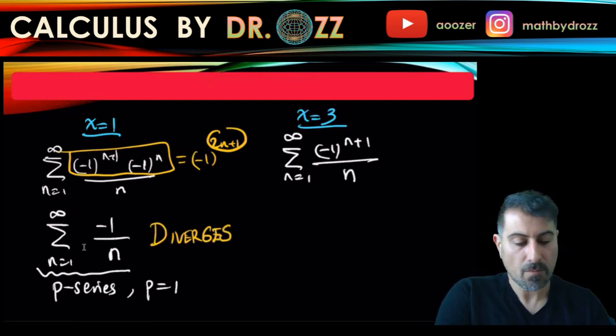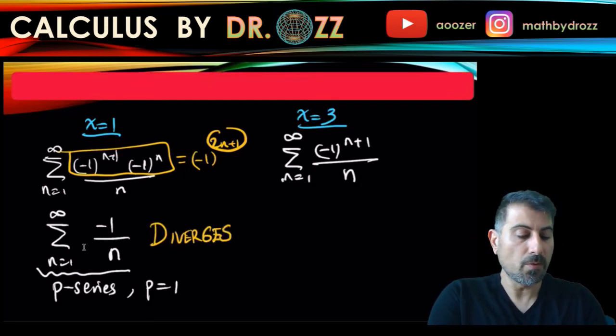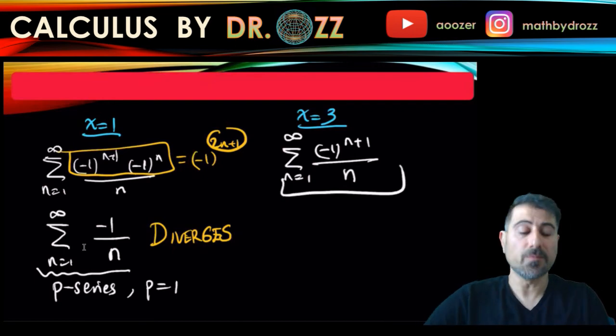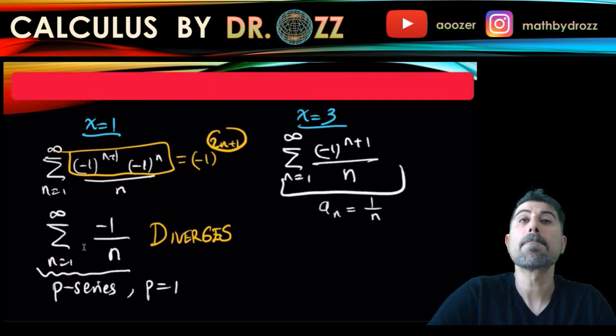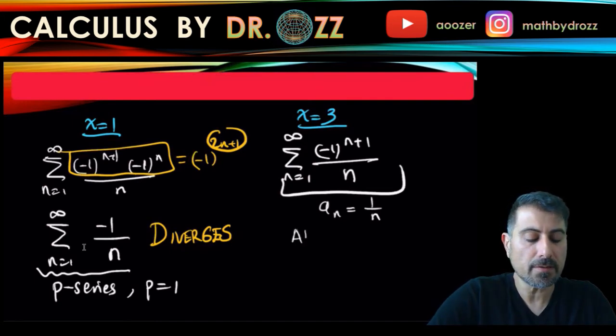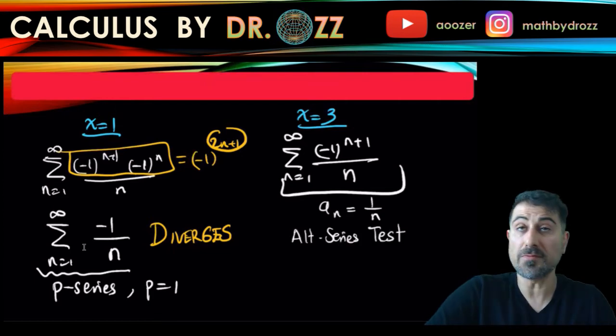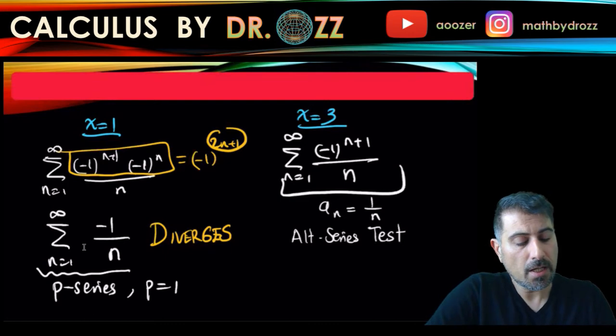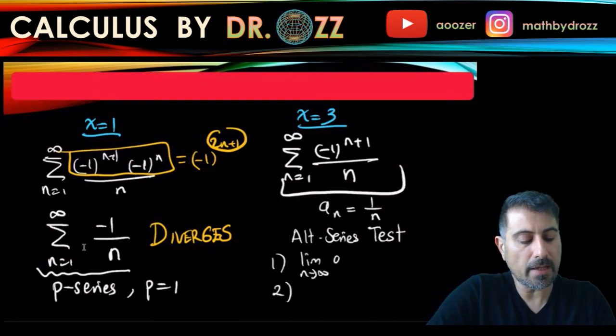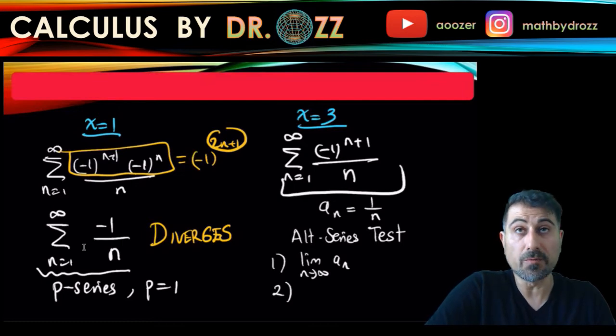All right, how about this one? Well, this is an alternating series with a_n being 1 over n. You can immediately apply the alternating series test. We had plenty of applications of that in the prior sections. And there are two conditions, right? One is that the limit of a_n is supposed to be 0, which is the case here, since 1 over n goes to 0.